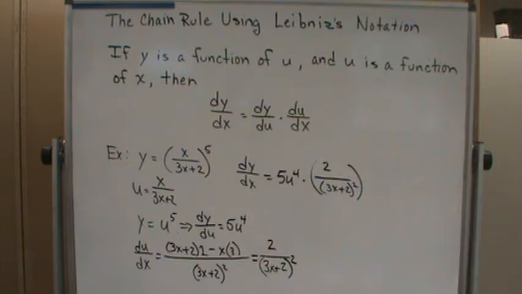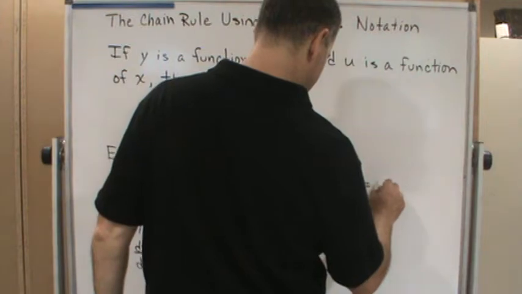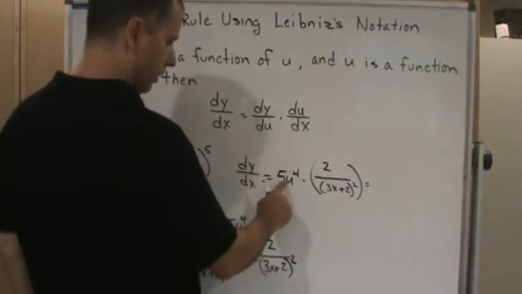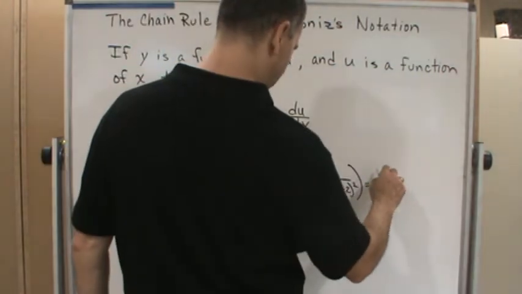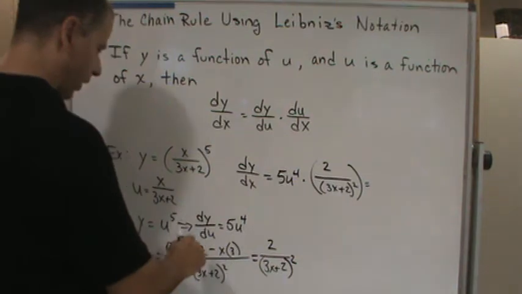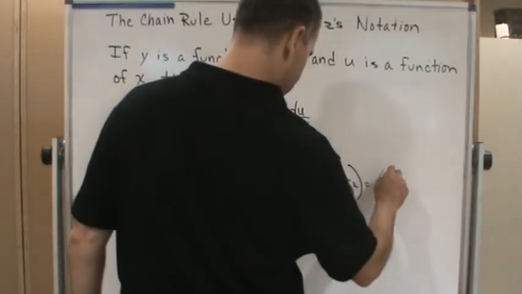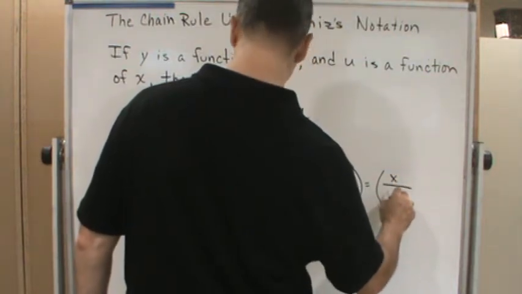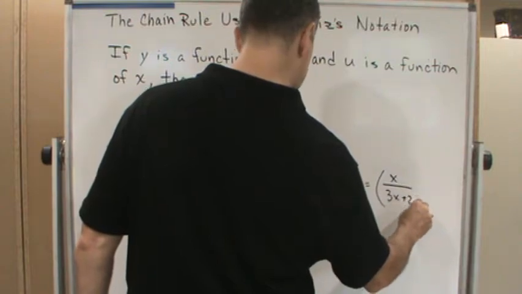And so we end up getting 5 times 2. The u we're going to substitute in, u is this: x over 3x plus 2.